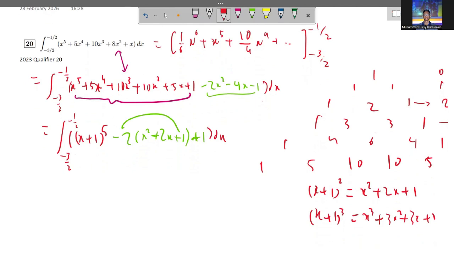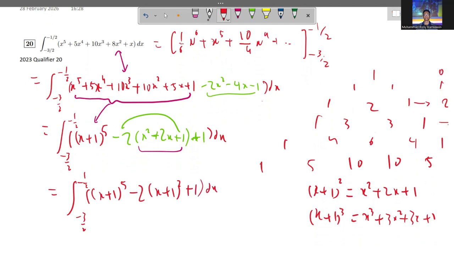And notice that this here is x plus 1 to the power of 2. So simplifying again, we get the integral of x plus 1 to the power of 5 minus 2 times x plus 1 to the power of 2 plus 1 dx.